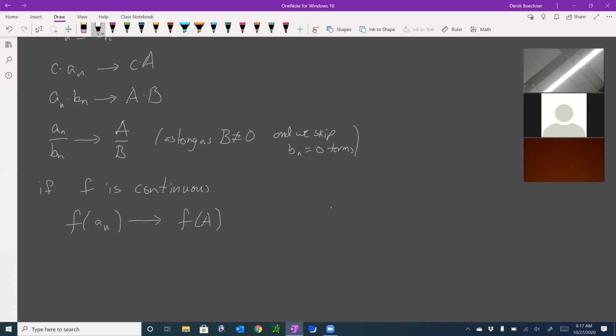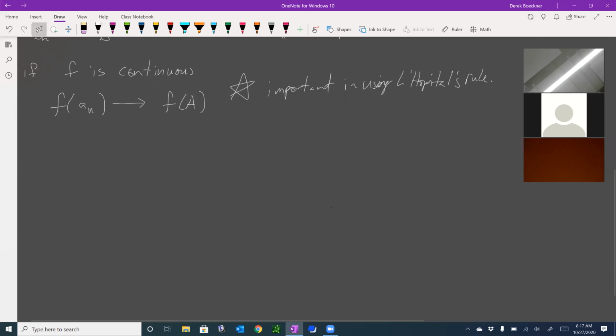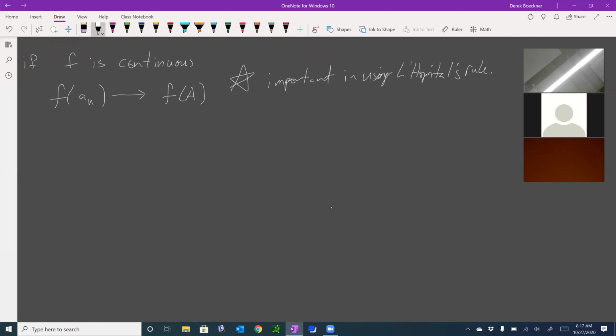Either way is fine. So this is going to be key. This is an important one in using L'Hopital's rule. Okay. So let's state L'Hopital's rule.